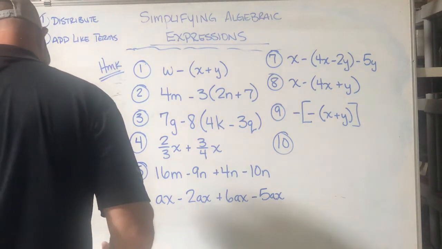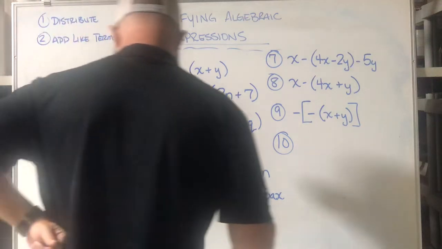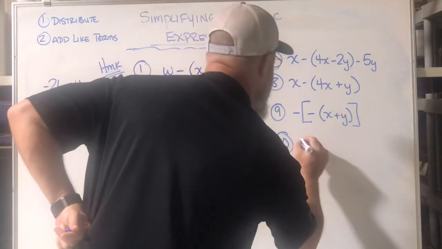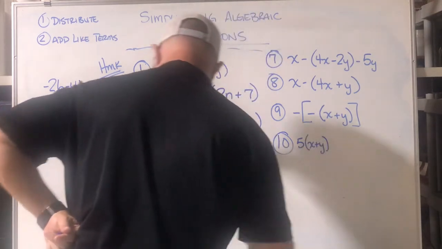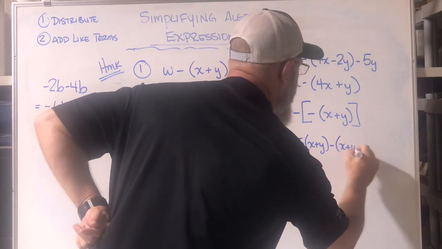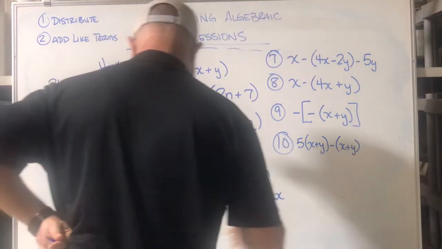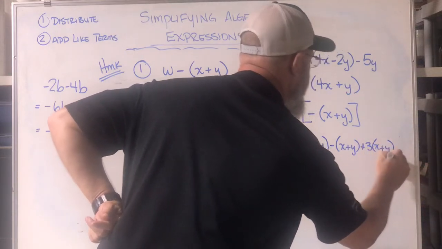And then your last one, let's do 5 times x plus y minus x plus y plus 3x plus y.